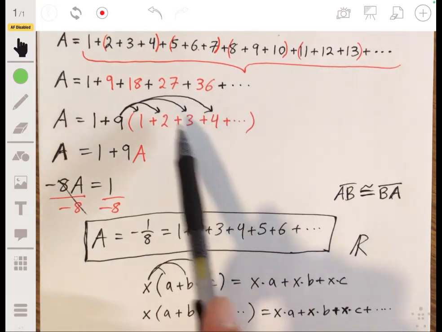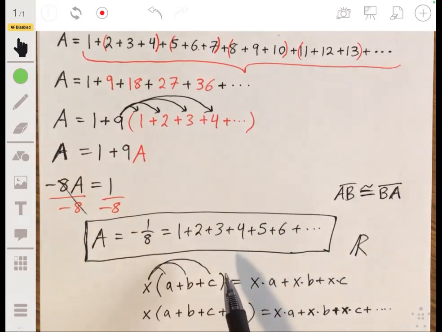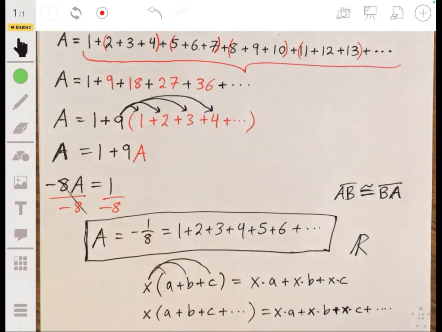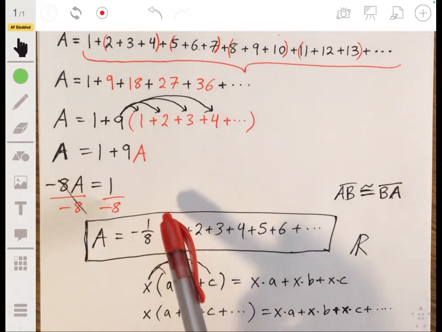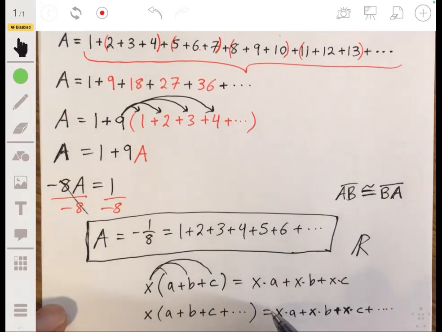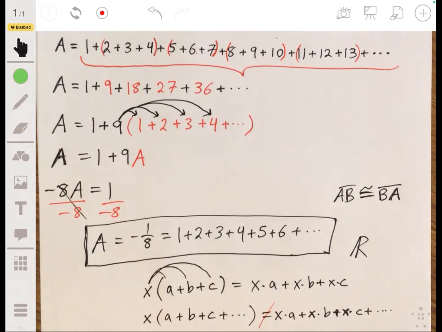If we don't define that we can't distribute infinitely, then whatever result we get, we have to just accept, meaning that we have to accept that -1/8 is equal to 1 plus 2 plus 3 plus 4 plus 5, which we know is not true. So we can't say that this distributive property carries over infinitely. And there's more to it than that.